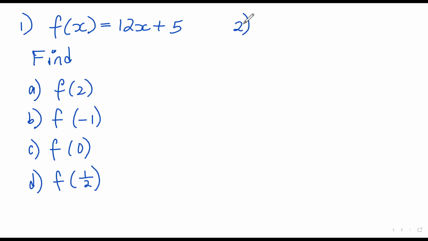You're doing for me h of x, and remember I told you, you can use any letter to represent a function. It doesn't just have to be f. F, however, is probably the most popular one that we use in math, but you can use any letter, right? So let's say we're using h of x, and you're doing for me, h of x is equal to x squared minus 3, all right?